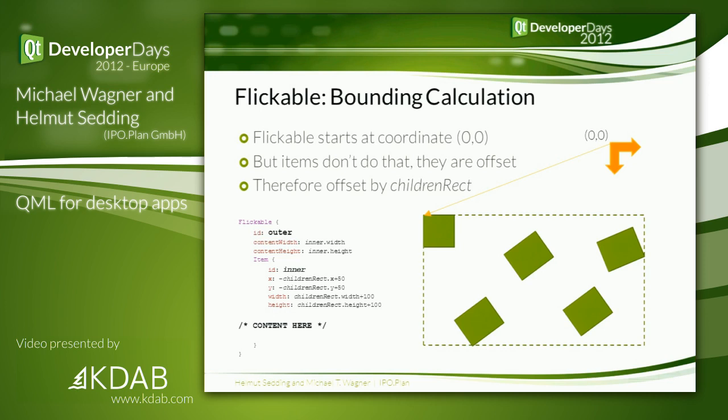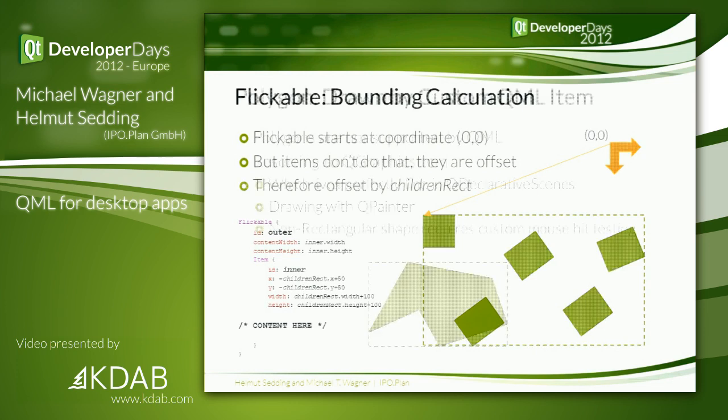We use the children rect of all our elements and do the offset computation. The item x and y is minus this children rect x and y plus some border, because we don't want to start everything at the screen edge, but with some offset. The Flickable allows us to do that as well by using an outer Flickable object and an inner item object that is offset a little bit.